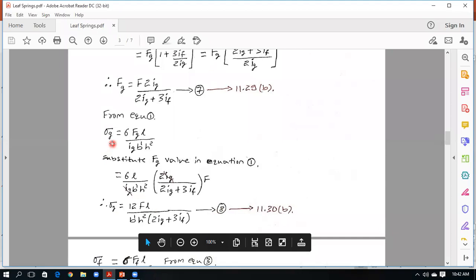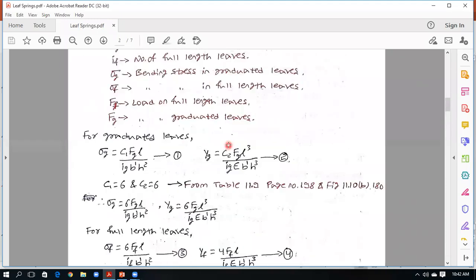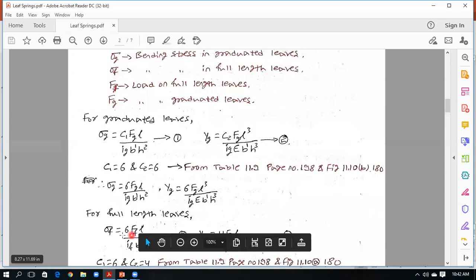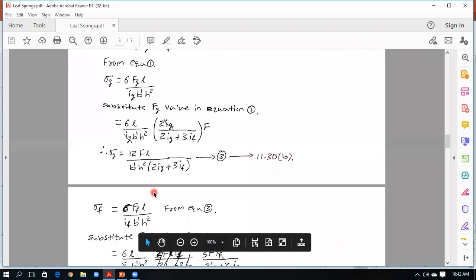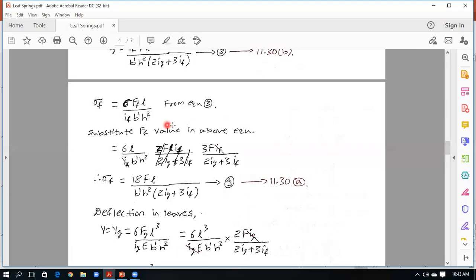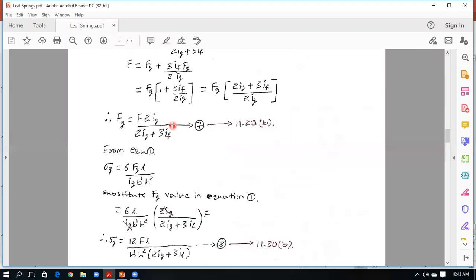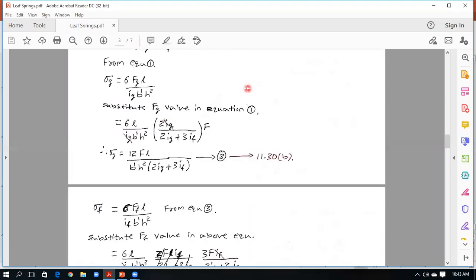Similarly, I'm going to find out the stress in the full length leaves. For that I will be using equation 3. Yes, this is equation 3, full length leaves. In this, substitute the value of F_f which you have just now calculated, that is equation 11.29c.